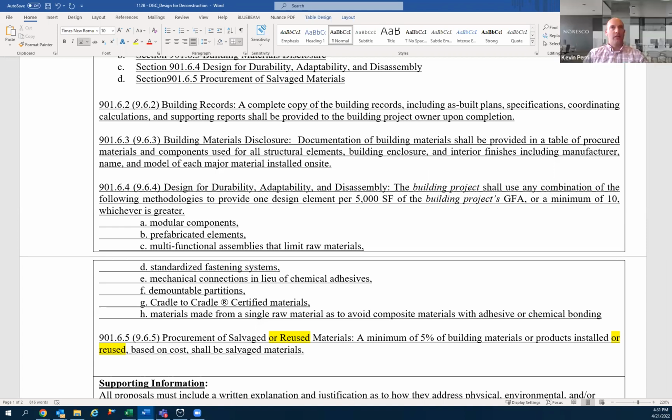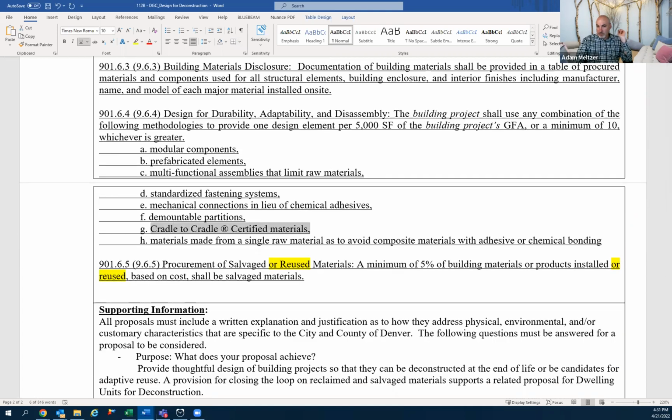All right, next hand up is Adam. I just have one really minor thing to add, and I'd love some input if anyone has an opinion. With the cradle to cradle certified materials, I always get nervous having one specific certification listed there. I would like to add to Renee's change and just add "or equivalent" to the end of that.